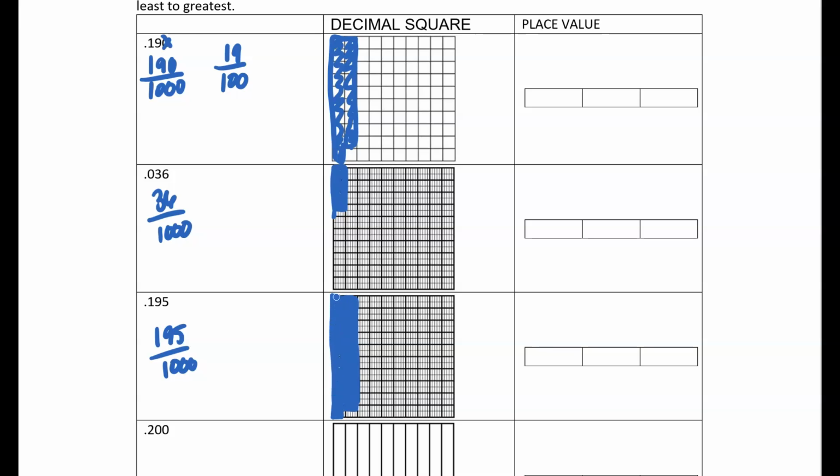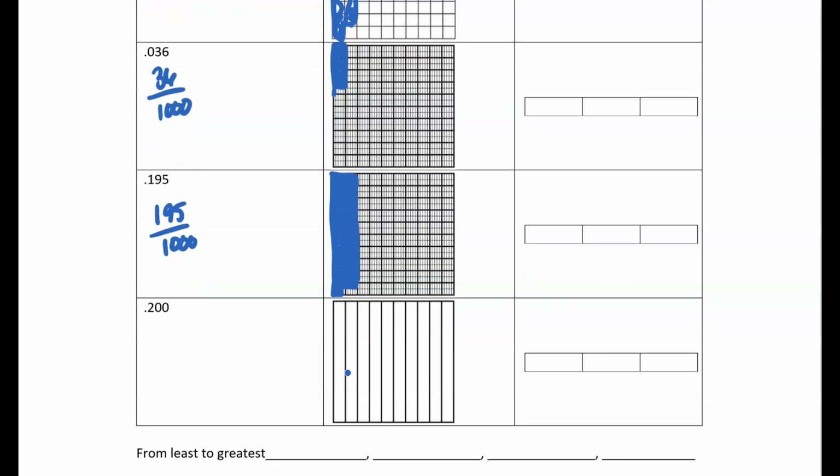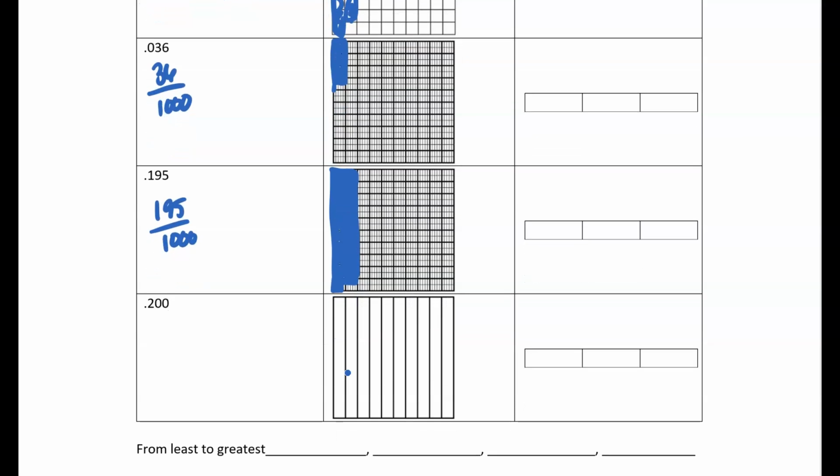Here we go. Okay, so that'd be 195 out of 1,000. And then last but not least, this last one, we could do 200 out of 1,000, or you could forget these zeros and just do 2/10, which would be the first 2 rows.